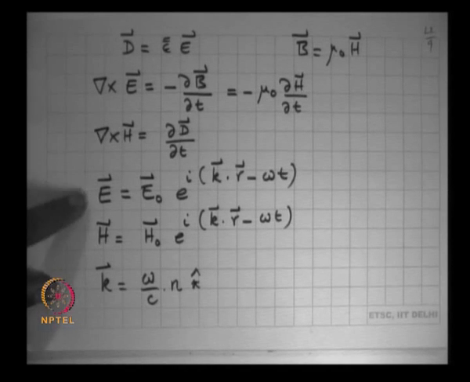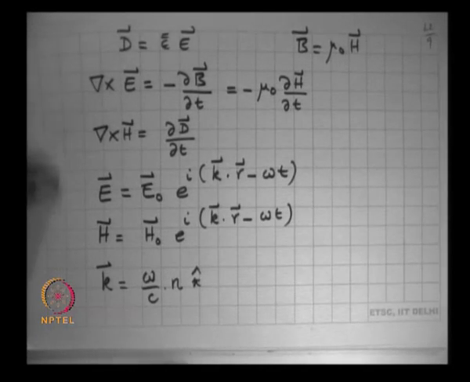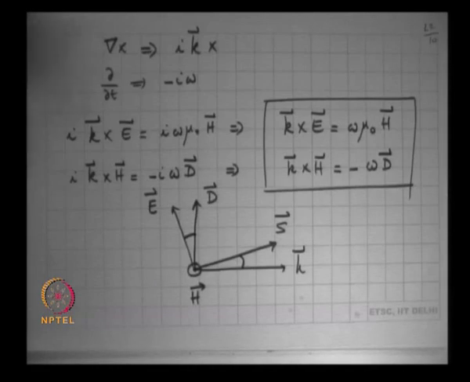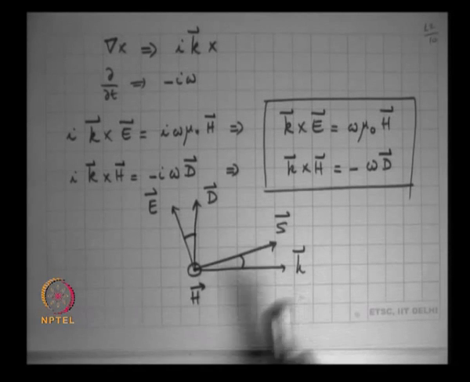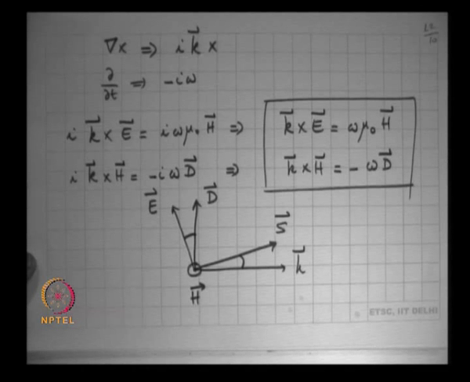So, we substitute this E and H in this equation and also this expression for D, and as I mentioned before, we will assume B is equal to mu naught H, and we land up with this set of two equations: k cross E is omega mu naught H and k cross H is minus omega D. So, we discussed this last time, and we saw that in general, because D and E are not parallel to each other, k and S are not parallel to each other.